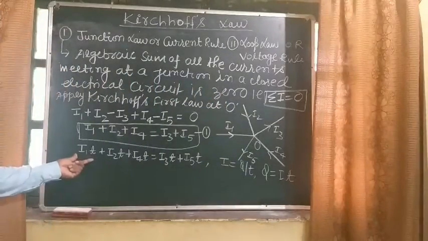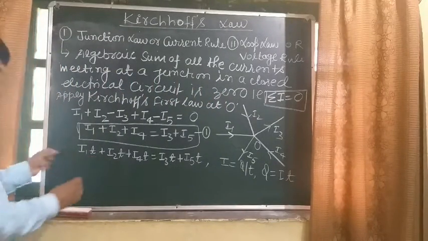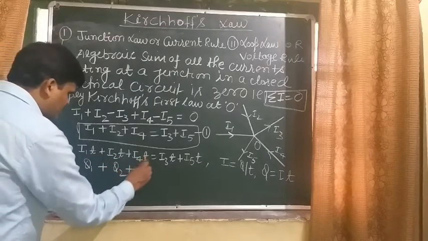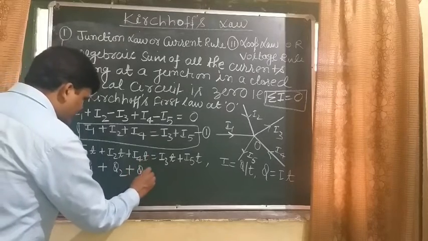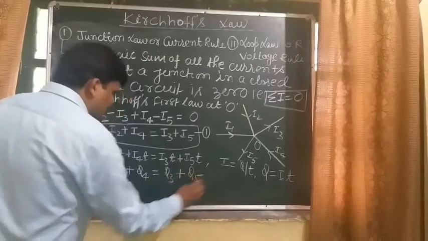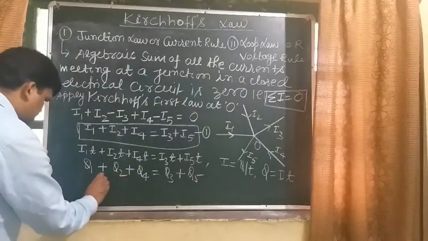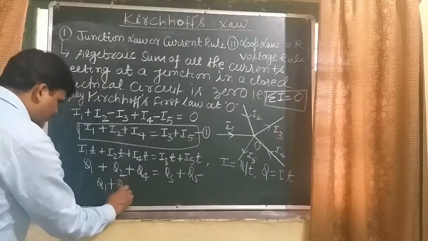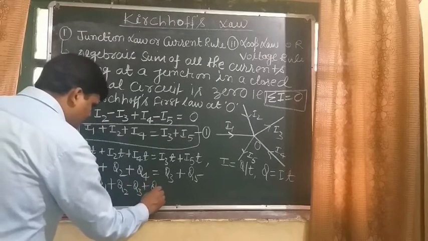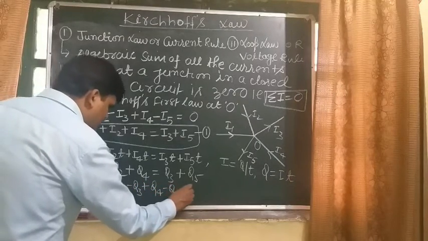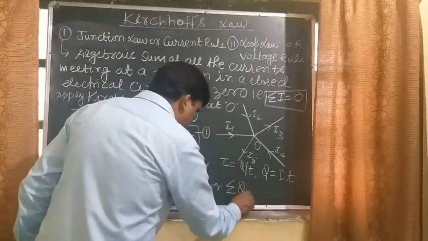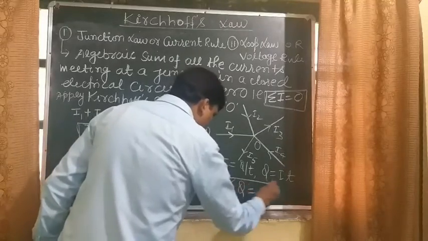And here I1 t is charge Q1, I2 t is charge Q2, I4 t is charge Q4, and here Q3 and Q5. It can also be written as Q1 plus Q2 minus Q3 plus Q4 minus Q5 equal to 0. Or we can also write sigma Q equal to 0.